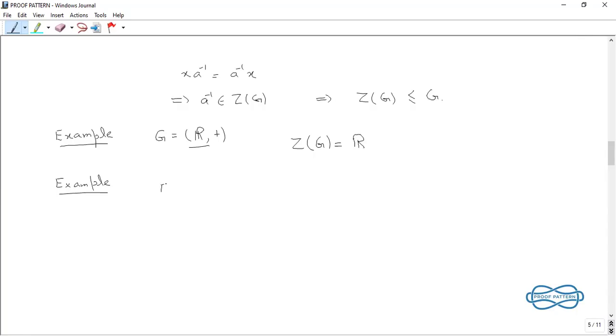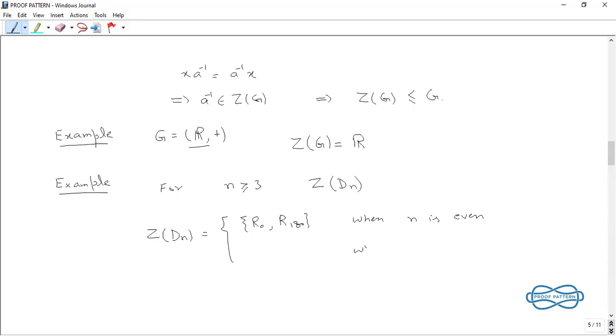If we take the dihedral group D_n for n greater than or equal to 3, then the center of this dihedral group is, we can write it as, in case when n is even, then the center is the rotation with 0 angle and the rotation with 180 degrees.